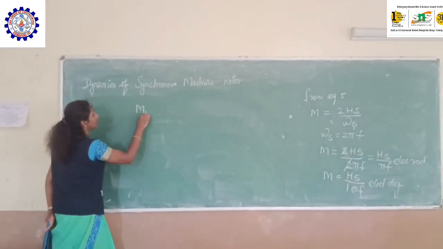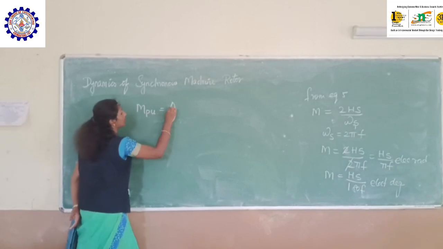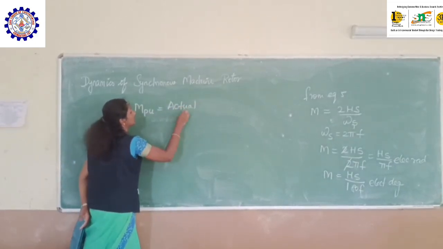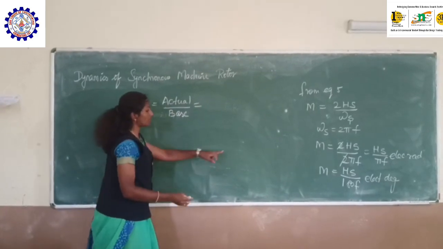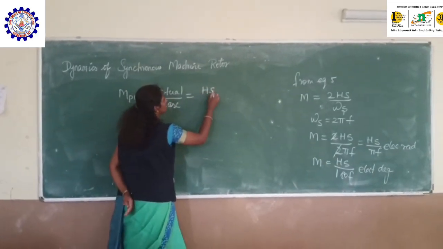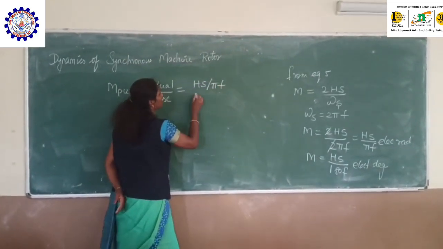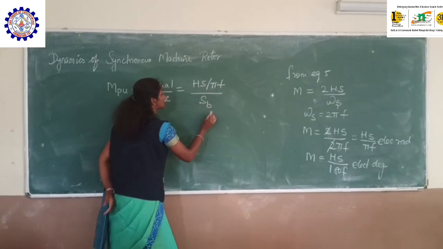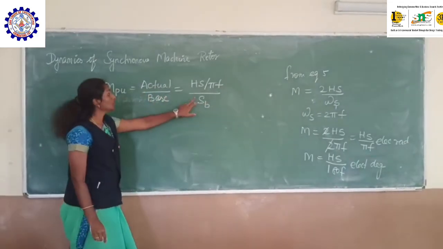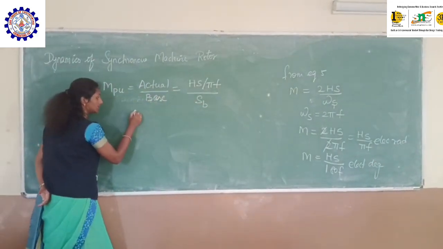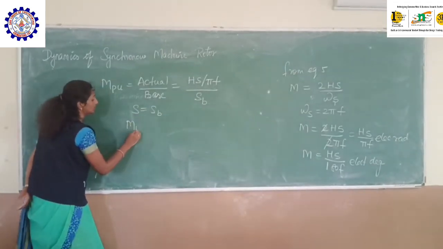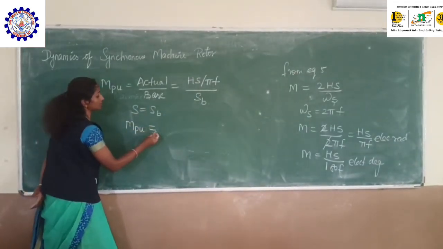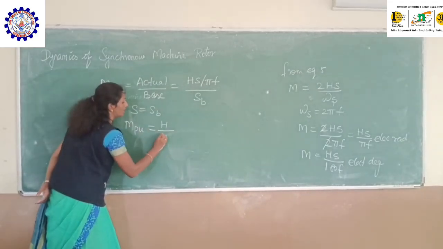Now to calculate M per unit, we already know which is actual by base. So the actual value is HS divided by pi f and base value, let us consider it is S_B. So if we consider S is equal to S_B, the same equation M per unit becomes H divided by pi f.